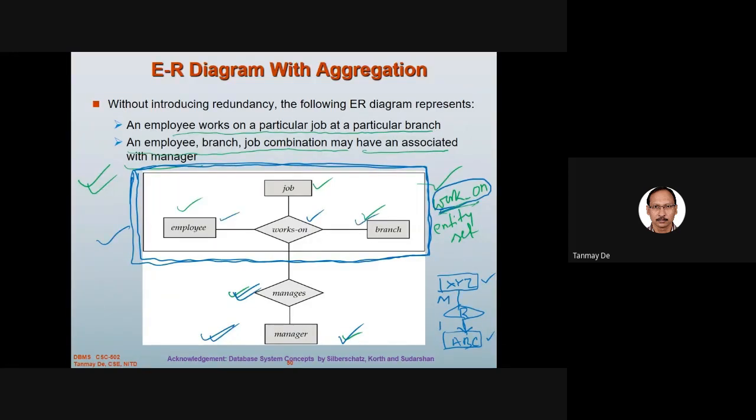That employee can associate with the branch and job by work on, but they are not associated with the manager. But some of the entities here associate with the manager by the managers relationship, and they also use the work on relationship internally to associate with the branch and the job. So this is the aggregation concept.